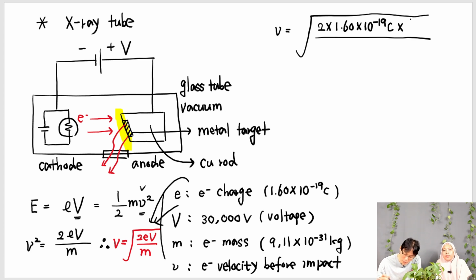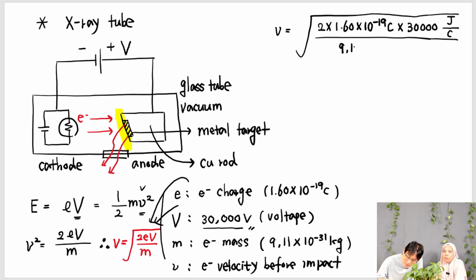And then the voltage here, let's assume 30,000 volts. Volts change into joules per coulomb. Right? Everything is good. And the m value will be 9.11 times 10 to the power of minus 31 kilograms.